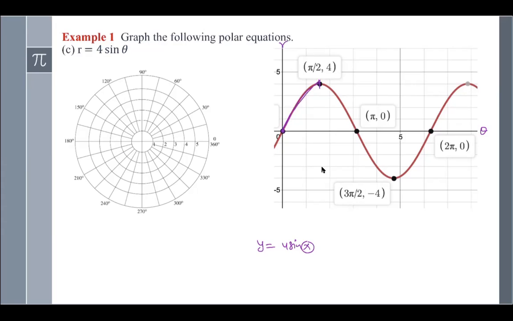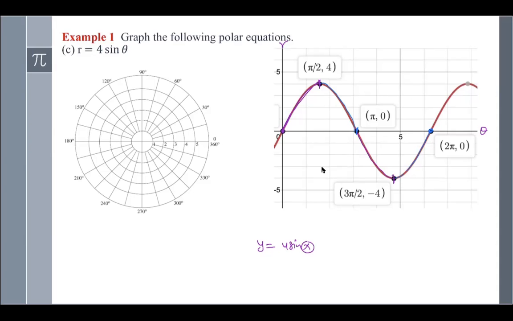Then from pi over 2, the radius starts to decrease, and as we hit pi, the radius is 0. Then the radius becomes negative from pi to 3 pi over 2, and then it goes back toward 0, reaching a radius of 0 at 2 pi. So this is how we are going to translate this.